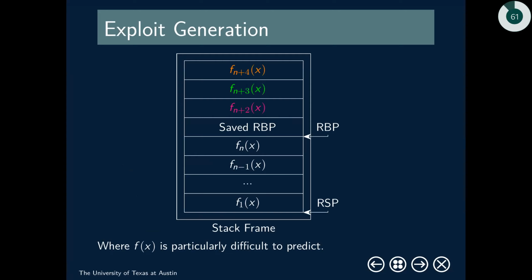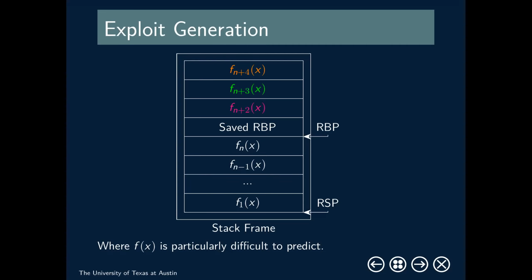So here's a picture of this. We're overflowing the buffer with some data that's computed by a function f. The return addresses are also affected by whatever f is, and f is particularly hard to predict.